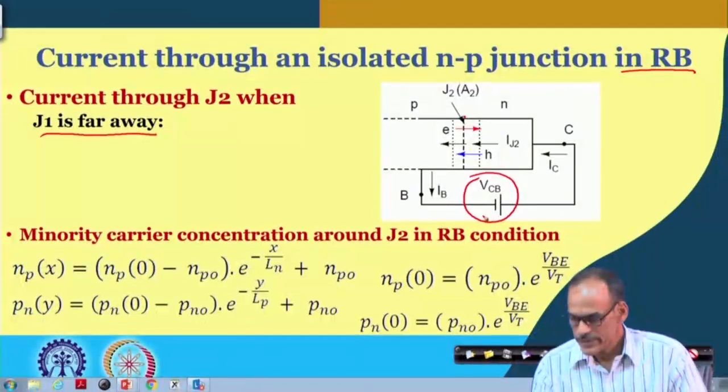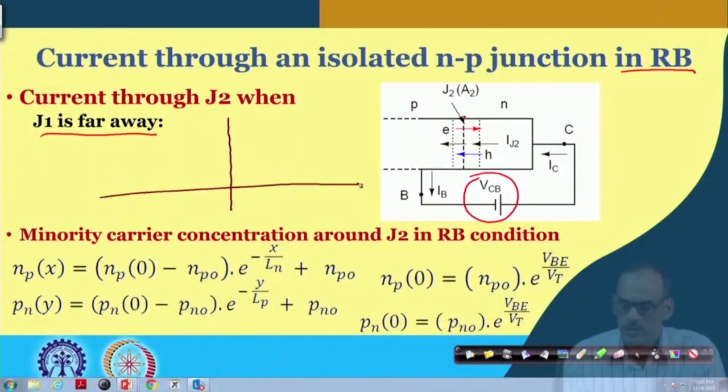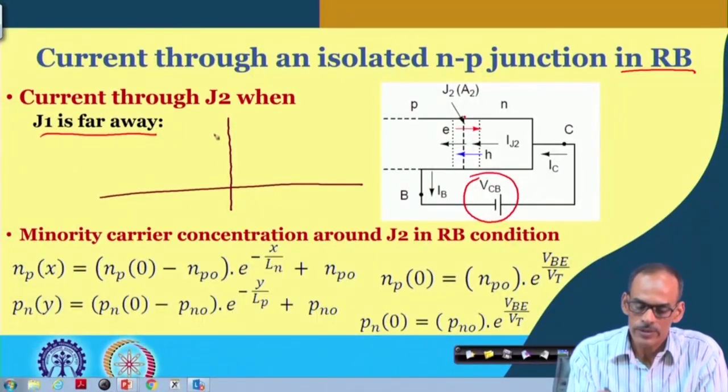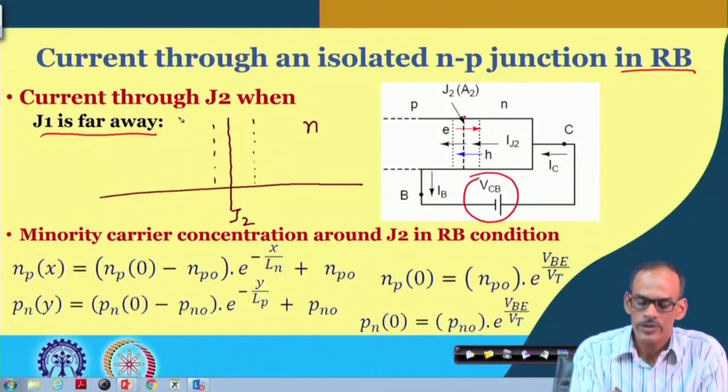But there is interesting information I would like to share here. If I consider this, this is the metallurgical junction, and this is the depletion width around this J 2. So, we do have the collector region and the base region.